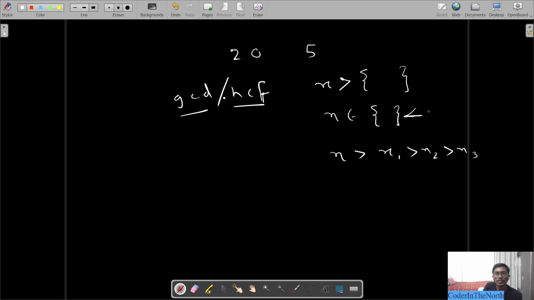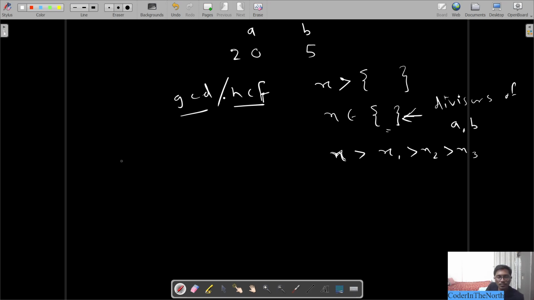And this set represents the divisors of a and b, both numbers. This is a and this is b. So this is the set of common divisors a and b have, and from that set, whoever is the biggest number, here it is x. It will be the GCD.